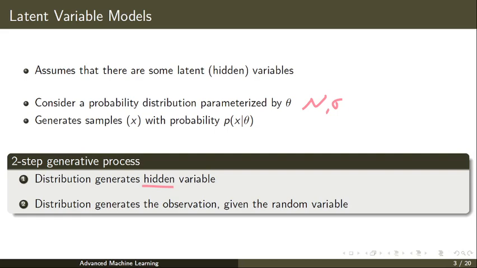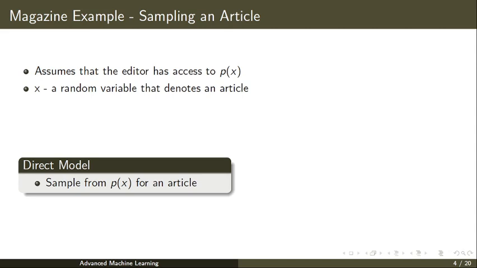There are many situations in which we require such a model. Let's see an example, a magazine example. Assume that you are an editor of a magazine and you are going to create a new issue of your magazine. Let's assume that you have many sub editors and they will be providing you some number of articles.